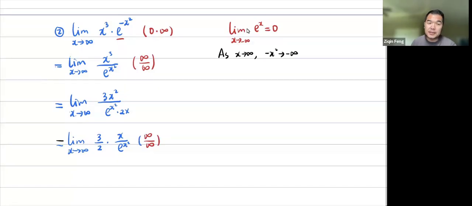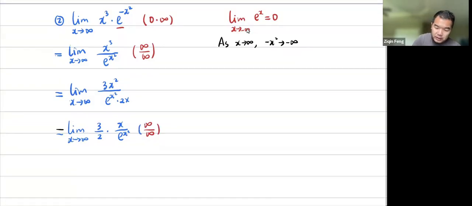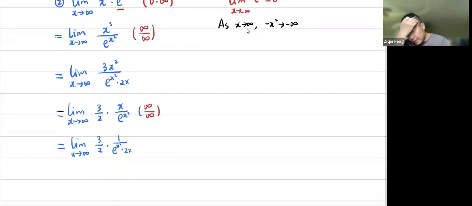If the limit exists, then that should equal the limit of the new function as x goes to infinity, differentiating numerator and denominator separately, giving 1 over e to x squared times 2x, right? Now ignore the 3 over 2 fraction.